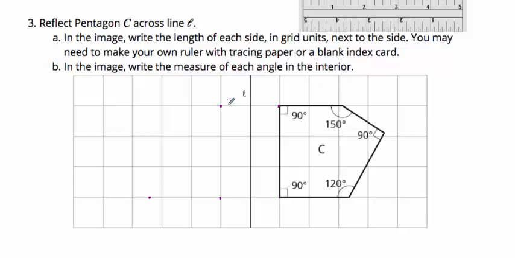So I'm going to go 1, 2, 3, and about the same distance. And then this point, that's going to be along this line, 1, 2, 3, 4, about 4.5, and a tiny bit up. So 1, 2, 3, 4.5, and just a little bit up. So about right there.